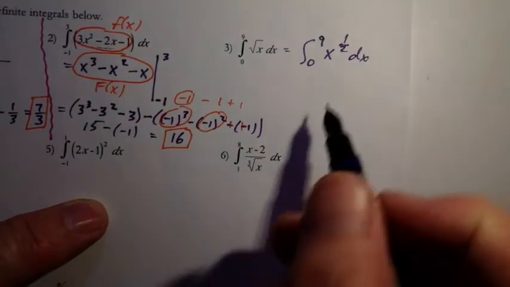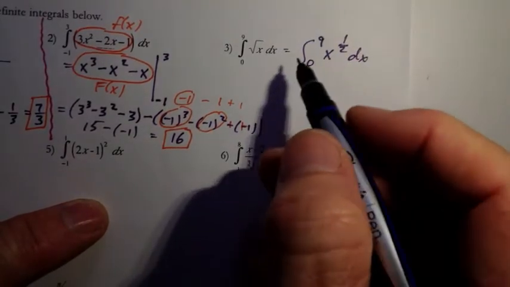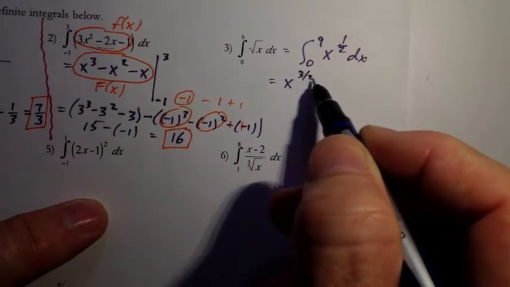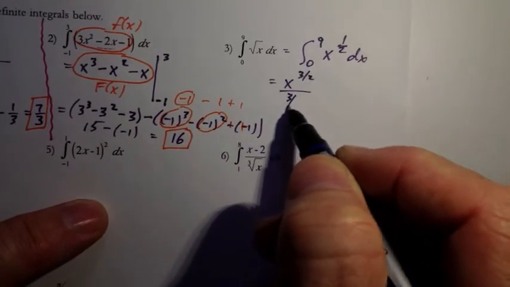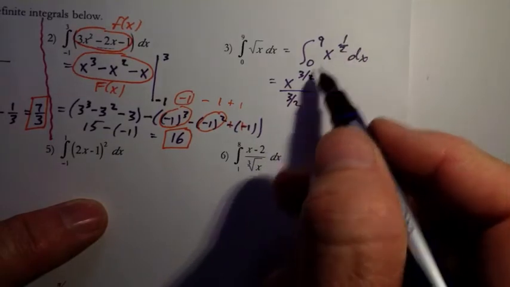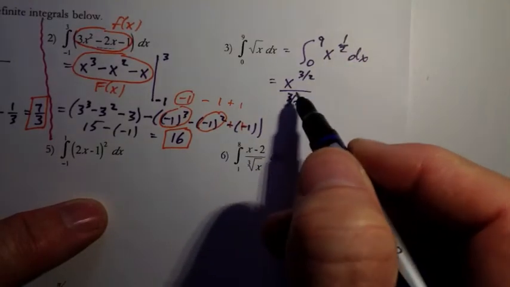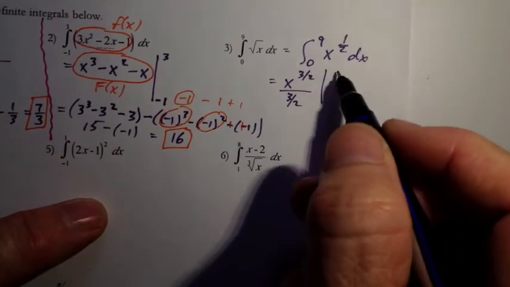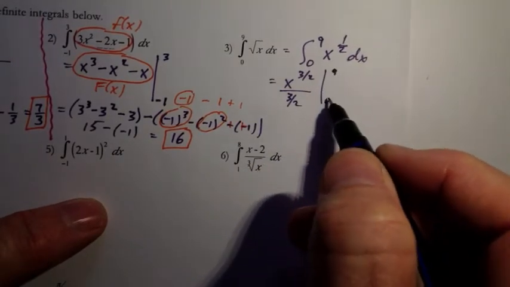The antiderivative of x to the 1/2 is x to the 3/2 divided by 3/2, because 1/2 plus 1 is 3/2. But we don't like this either. Okay, that's evaluated from, again, 0 to 9.